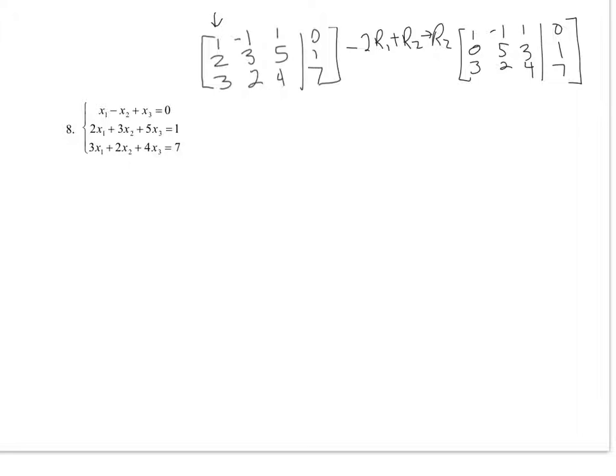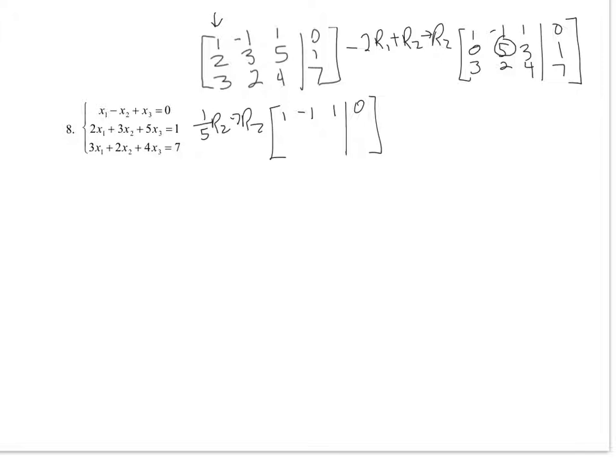So far, so good. All right, I would like to have this element right here, that 5, turn into a 1. To make that happen, I'm going to multiply 1/5 times that row 2 to get a new row 2. All right, top row is still 1, -1, 1, 0.